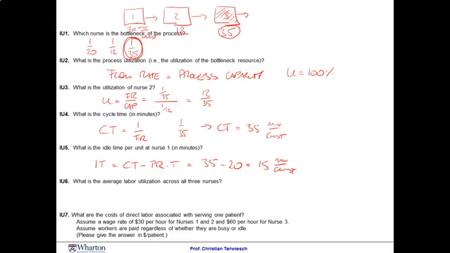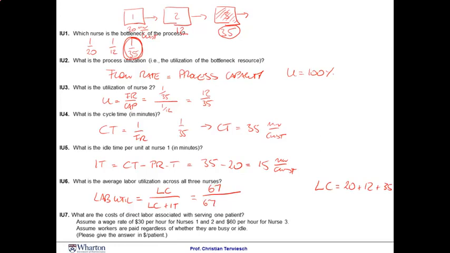The average labor utilization, remember, is the ratio between the labor content and the labor content plus all the idle time. The labor content, recall, is the sum of the activity times, so that is 20 plus 12 plus 35, a total of 67 minutes per athlete, divided by the labor content, 67, plus all the idle time.